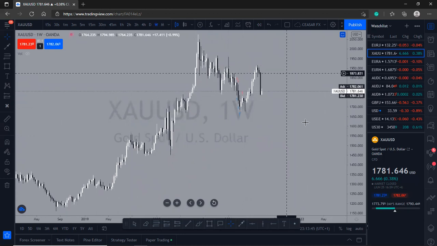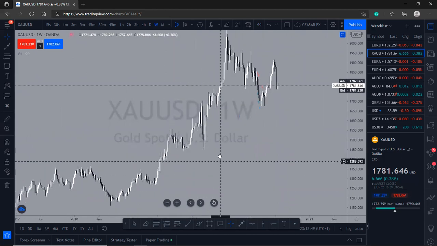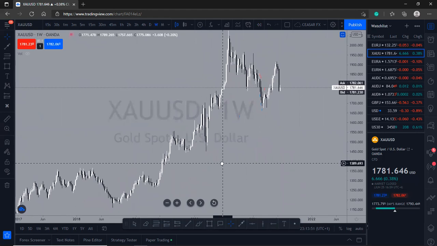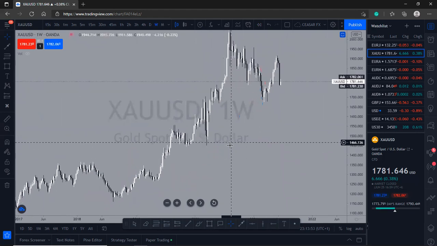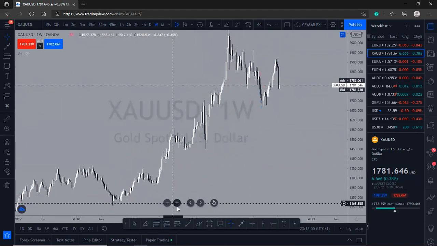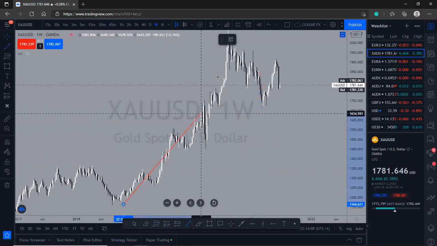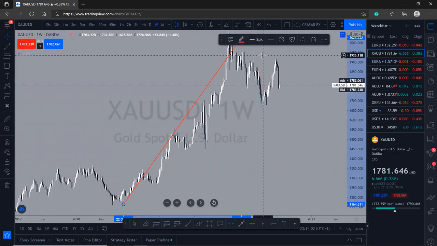If you were to mark up the structure according to gold, let's start off by marking the structure. You can clearly see that we are on an uptrend from this low up until this high here.